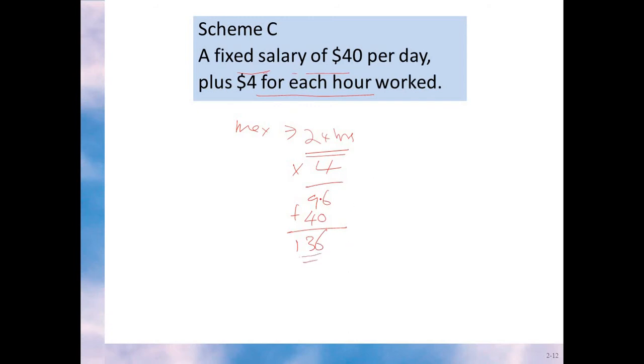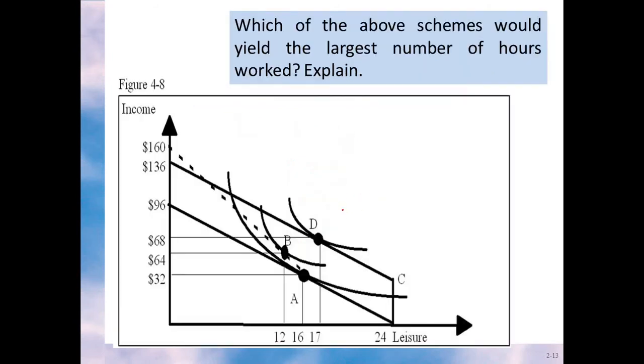So here, let us look at how we combine all this information in the graph. I just want you to see that I have done some calculation just now. I want you to understand where we get this 160, this 136, 96, and so on.